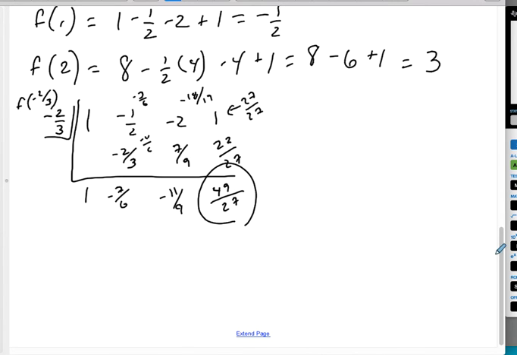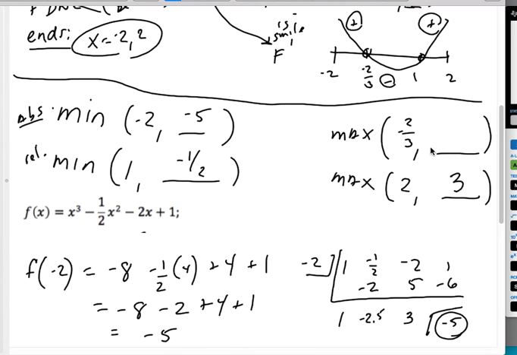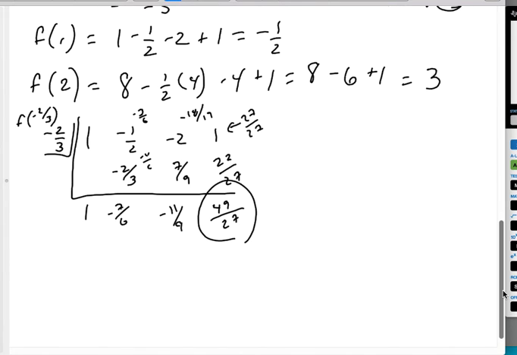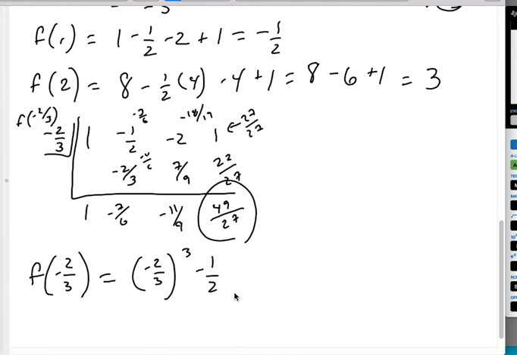So again, that's not super fun, right? 49 over 27 is just a hair smaller than 2, which makes this the relative max and this the absolute max. The other way to plug in the -2/3 would have just been to do f of -2/3 the old school way. If you chose to do that, it's going to be -2/3 to the third minus a 1/2 times this -2/3 squared minus a 2 times a -2/3 plus a 1.